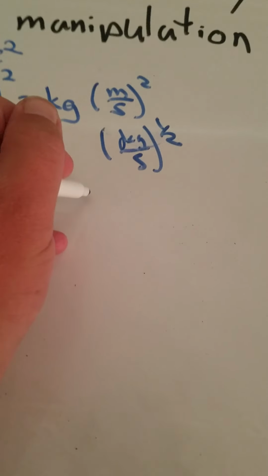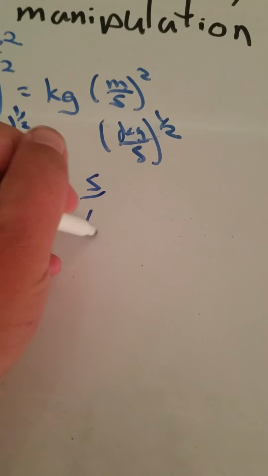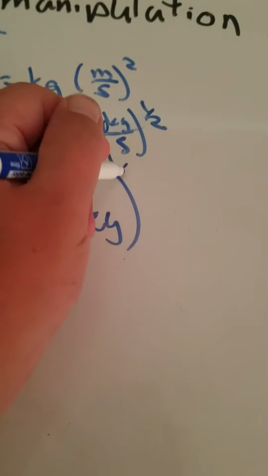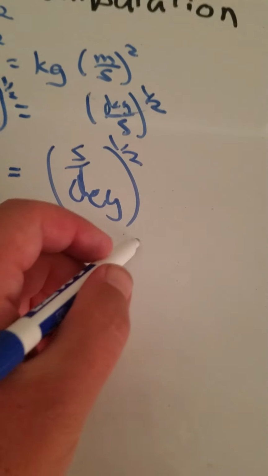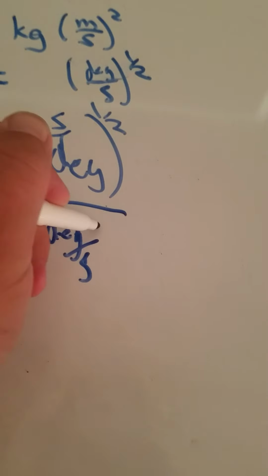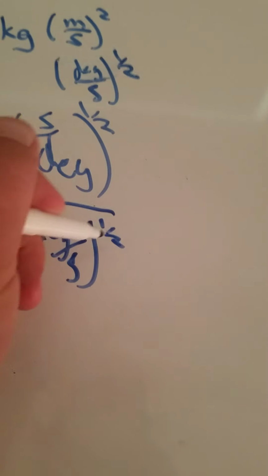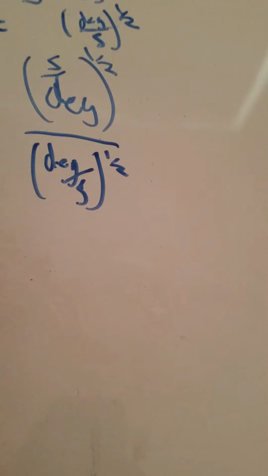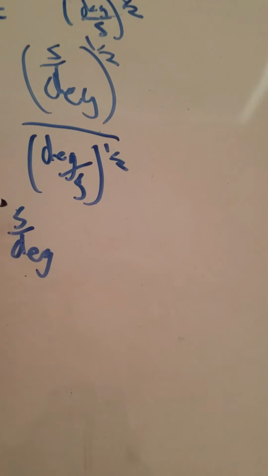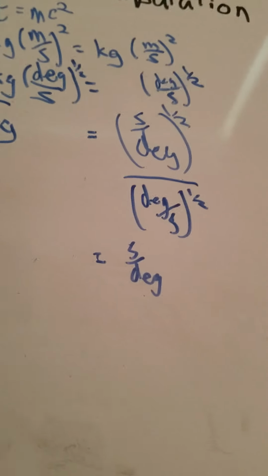So it becomes seconds over degrees to the 1/2 divided by degrees over seconds to the 1/2, and then this becomes just seconds over degrees, which is the units that we need in order to apply Mueller's equation.